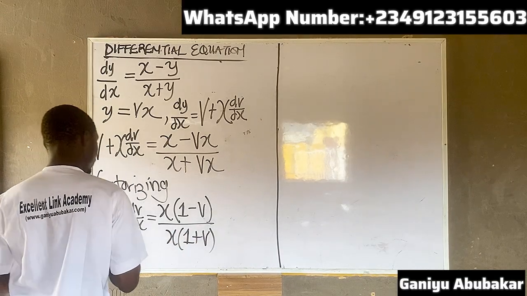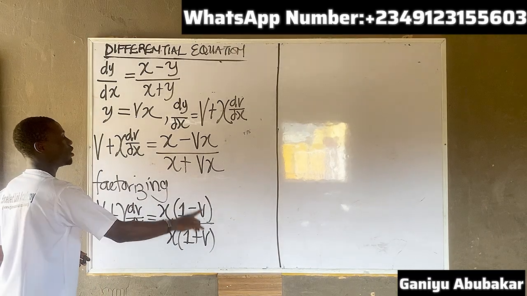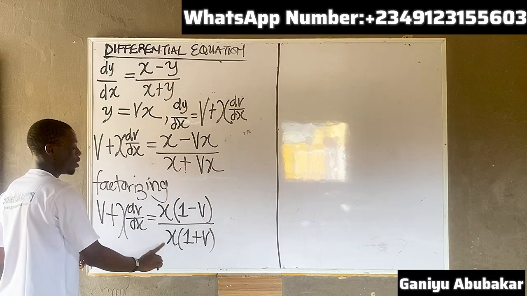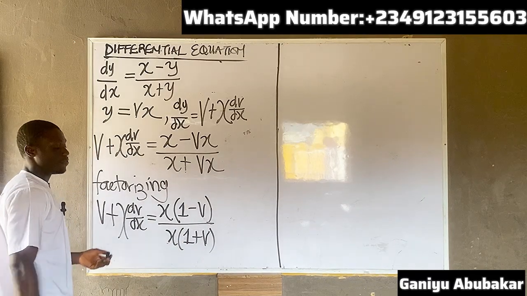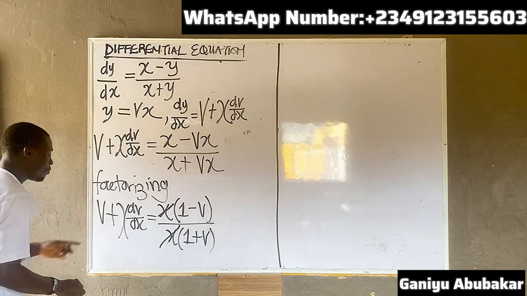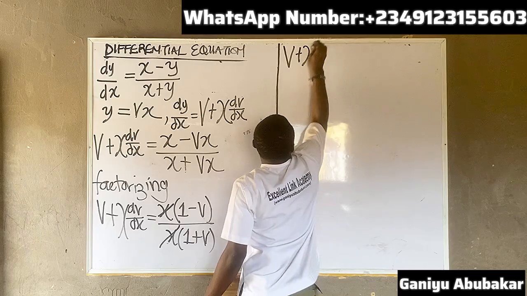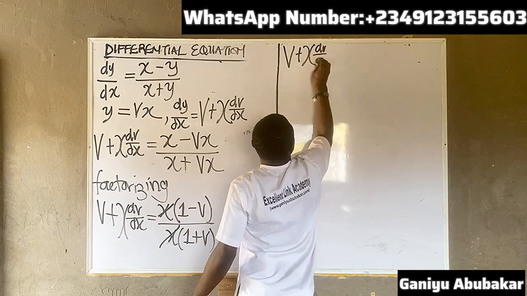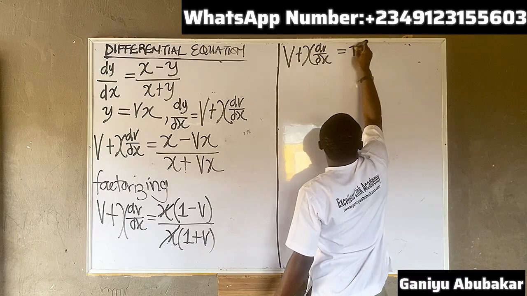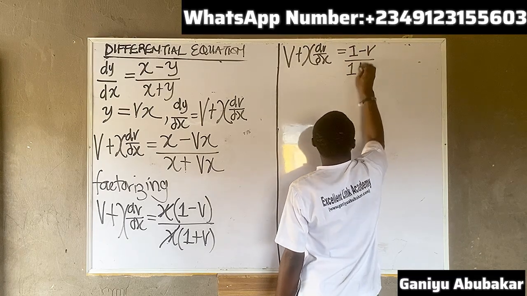So x times 1 gives you x, minus x times v gives you vx or xv, and x times 1 gives you x, plus x times v gives you vx or xv. The x cancels x, so I'll have v plus x dv over dx equals 1 minus v over 1 plus v.